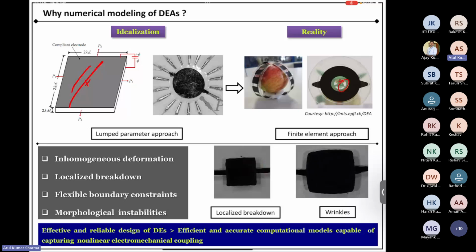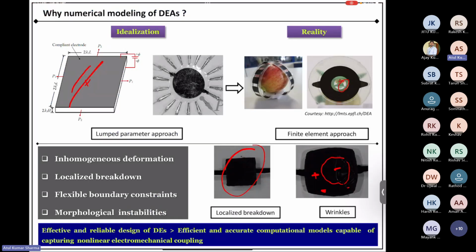Even with dielectric breakdown or wrinkling patterns, before failure you can see some wrinkles forming. The thickness stretch at this point and this point is different, so we cannot model such cases using the approach that I have talked about.